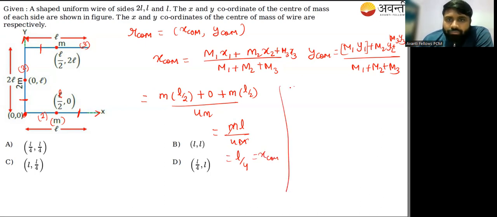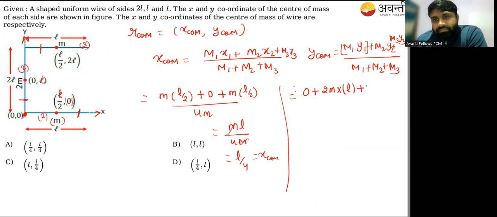Now the same goes for y. It will be equal to m1, which is small m, and the y-axis coordinate is 0 for it, so it will become 0, plus m2 into y2. This one has a coordinate on the y-axis, center of mass individually, so it will be 2m, the mass of this wire, multiplied by L, plus this wire also has, divided by 4m total mass.